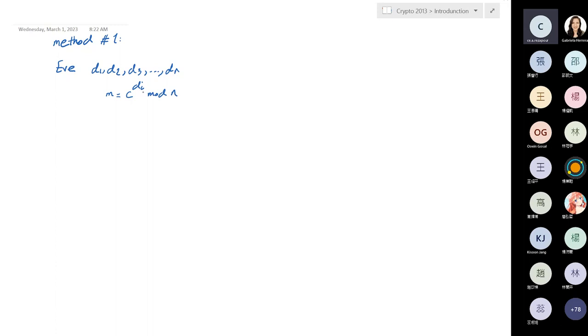This operation, modular exponentiation, can be computed in logarithmic order in the number of bits of n. If you look at n in binary format, n may have 1,000 bits, so it would take only about the logarithm of 1,000 steps to do this computation. So it is very fast.